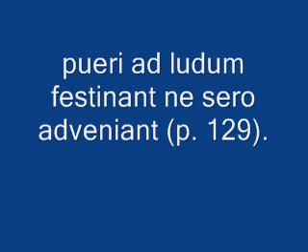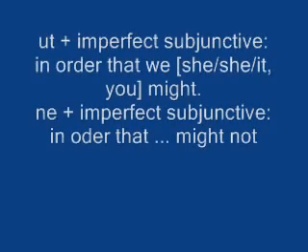That's called primary sequence. We'll learn that later. But for now, I want you to realize that if the main clause is present tense or future, we'll learn that later, the ut clause is going to contain the present subjunctive, and we're going to translate it as we just did, in order that they may.